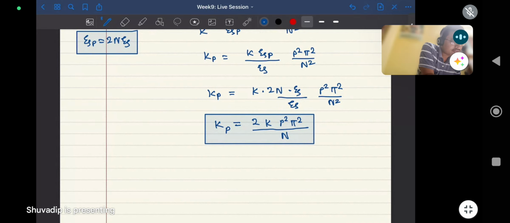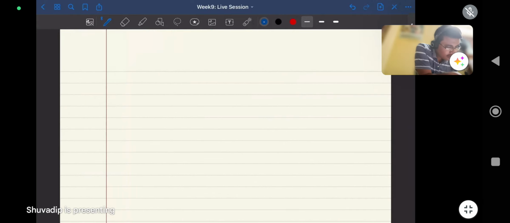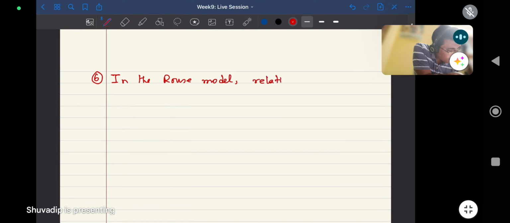Next question. Question number 6. In the Rouse model, the relation between diffusivity and number of segments.